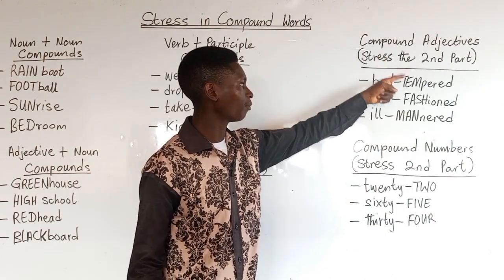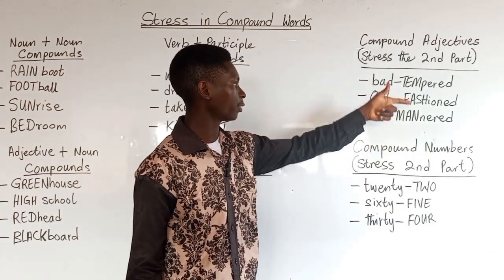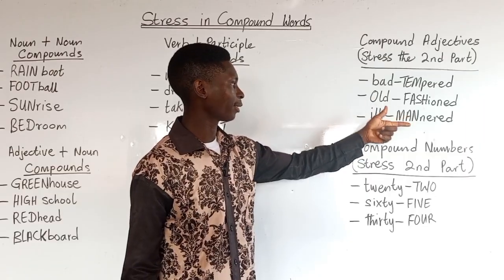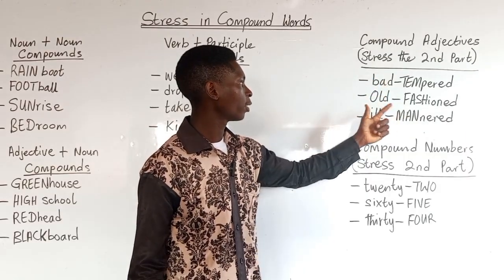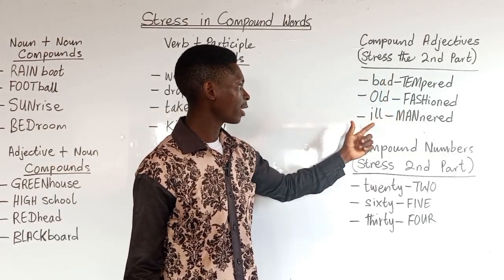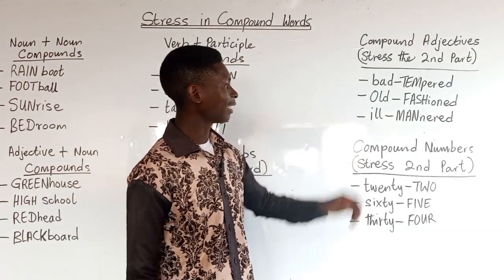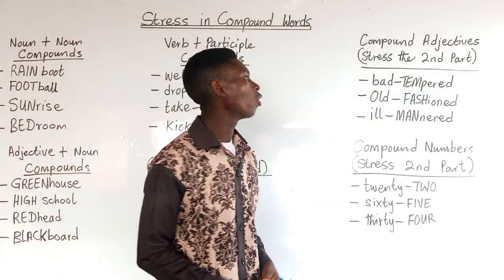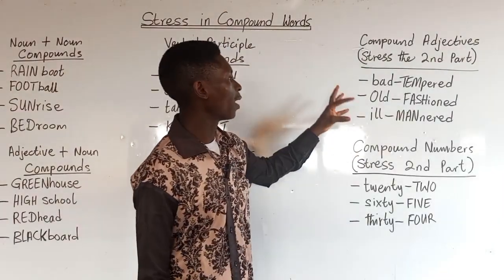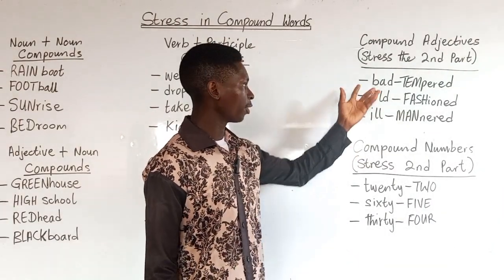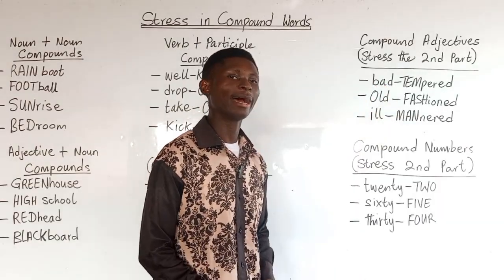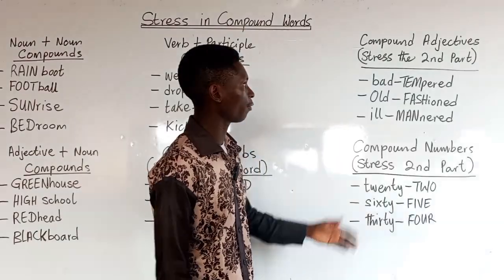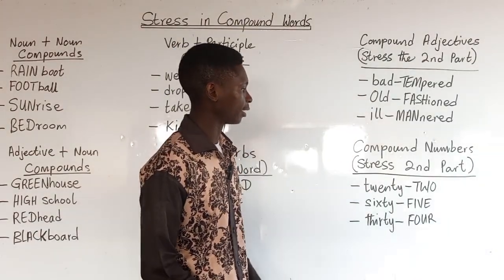So, bad tempered, old fashioned, ill mannered. So, that is how we place the stress when it comes to compound adjectives. These three function as descriptive words. That's why we call them compound adjectives.